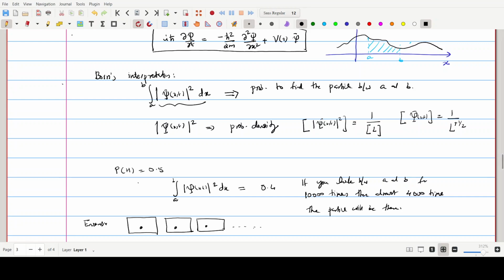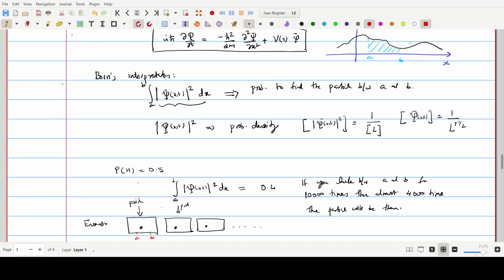We find the position of the particle in each case. Let this position be A and this position be B. I am going to check the position of the particle.